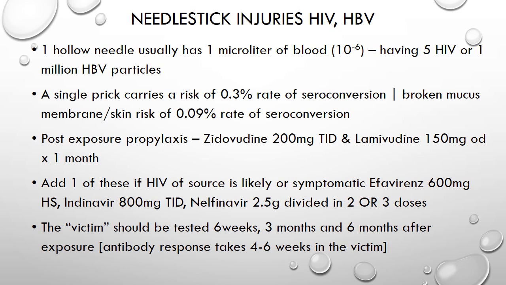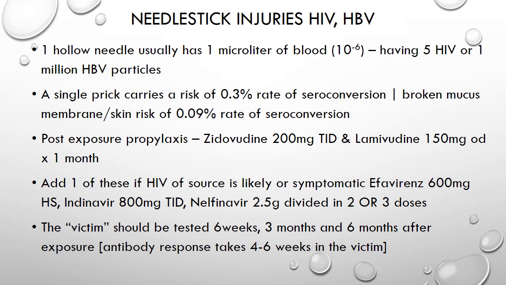A hollow needle usually has about 1 microliter of blood, and this 1 microliter of blood can have up to 5 HIV organisms or up to 1 million HBV particles, which tells you that HBV is more infectious than HIV.